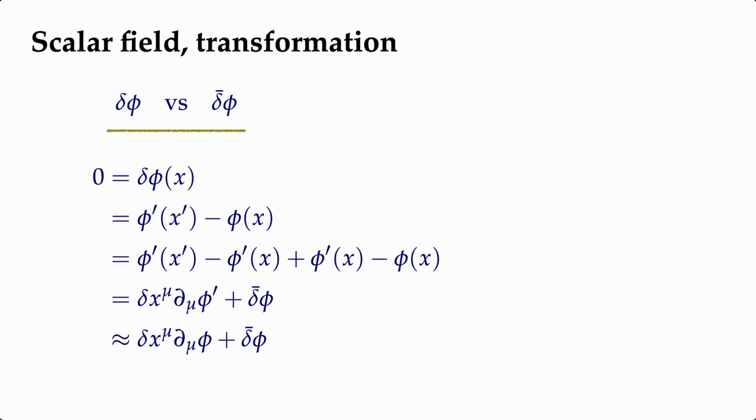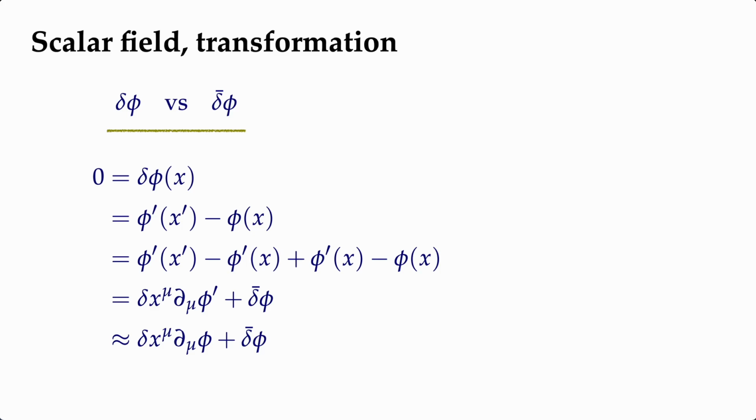In equations, we denote the new field by phi prime. If we define the infinitesimal change delta phi as the difference between phi prime at x prime minus phi at x, then delta phi is identically zero by construction. Something that vanishes all the time is not too useful, so we choose to split this zero into two pieces.